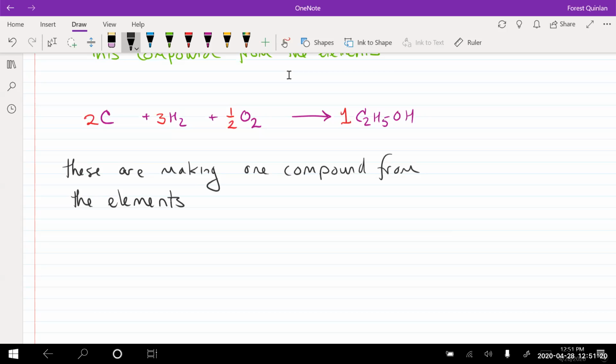So they're just making 1 compound from the elements. But what if you form a compound from other compounds?